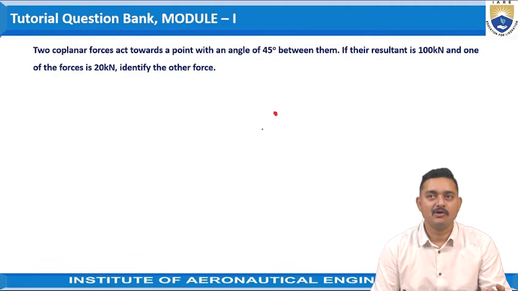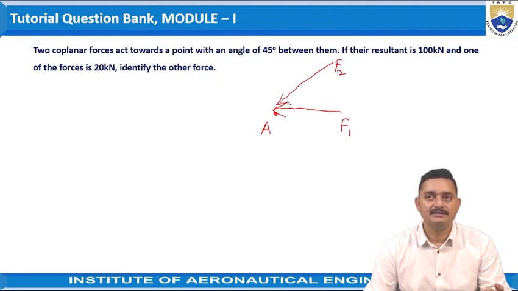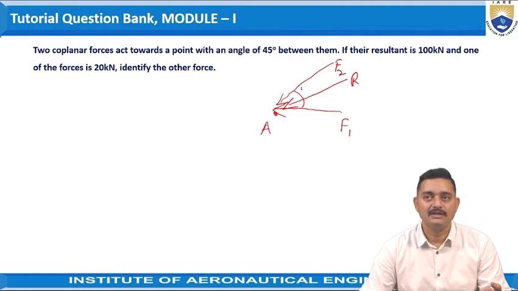Let us consider this as the point A, and let us take two forces, force F1 and force F2, and this is the resultant R. The inclination between the forces F1 and F2 is 45 degrees, the magnitude of the resultant is 100 kilonewtons, and the magnitude of one of the forces is 20 kilonewtons.